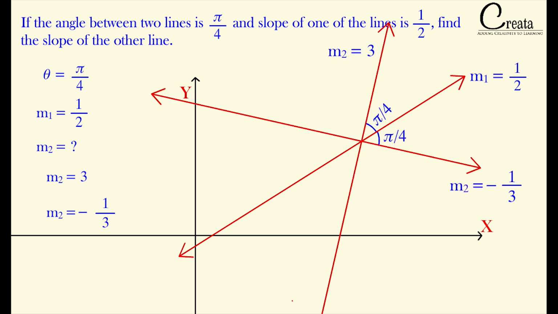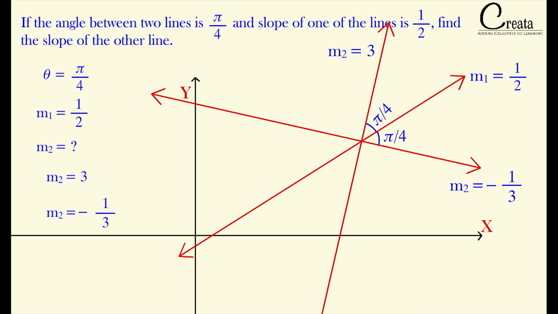These two lines make an angle of pi by 4 or 45 degree with our first line. Our answer is matching with the coordinate system. That is, we can form two lines which have an angle of 45 degree with our first line.